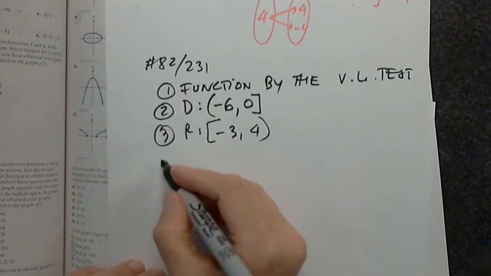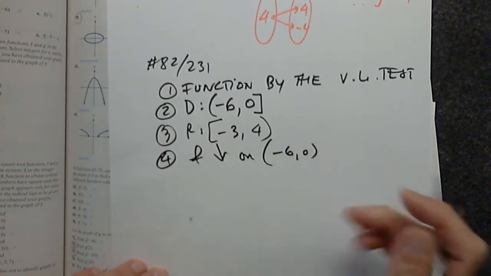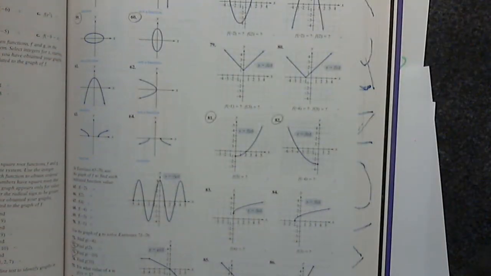So now, here's a question for you. As x goes from -6 to 0, what does the function value do? Decreases. So this is a decreasing function, decreasing trend. So question number 4, f is decreasing on the entire domain. Very good.